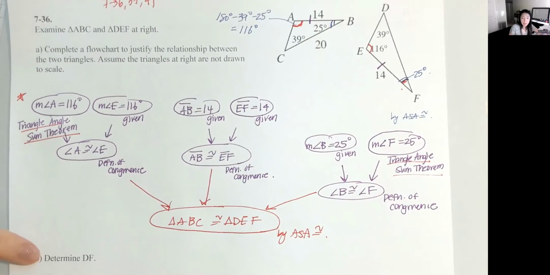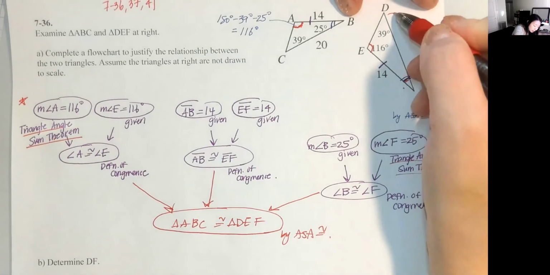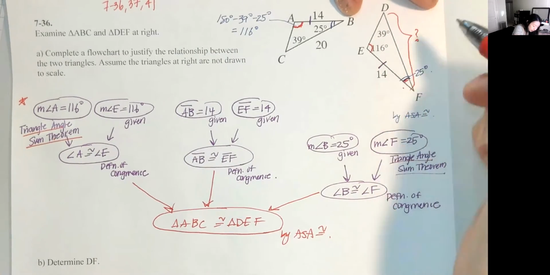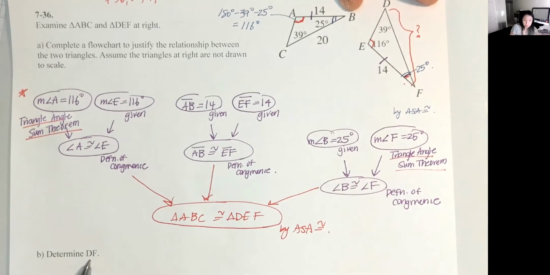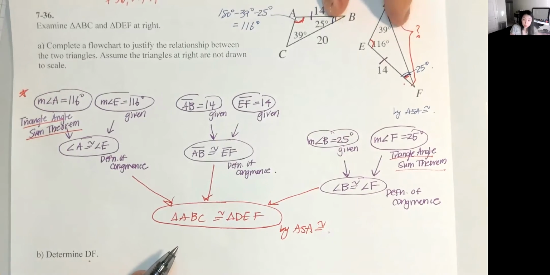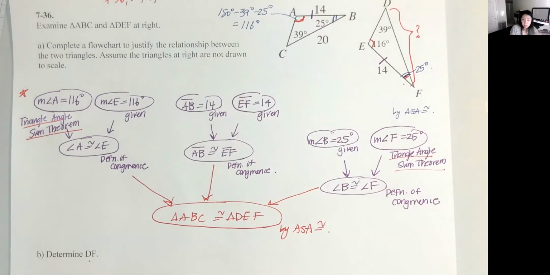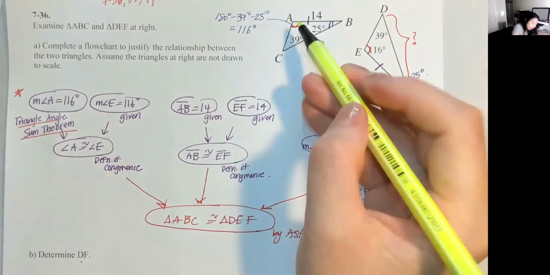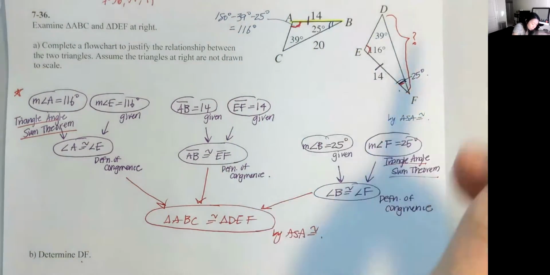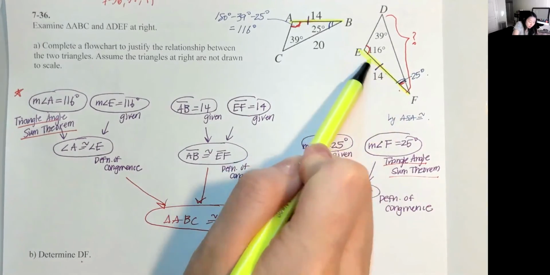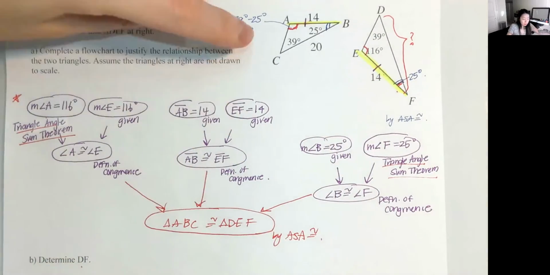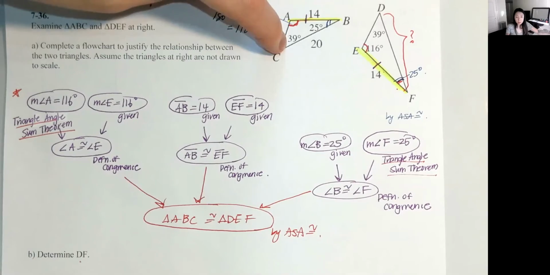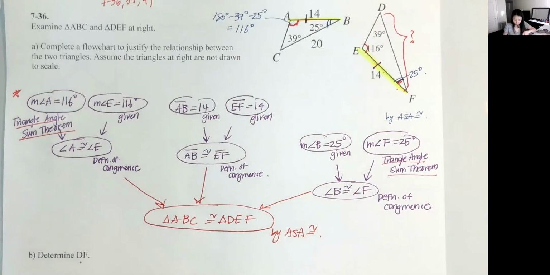And then for the last part, you had to find the length of the segment DF. For part B, find DF. Well, if the two triangles are congruent, everything has to be the same, right? So if they're both the same, and we know that this side, AB, corresponds to EF, can you see where the side BC corresponds to in the second triangle?